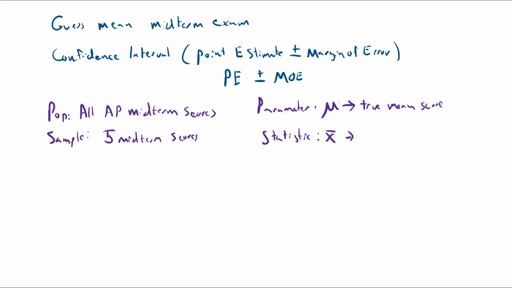So the mean from the 5 midterm scores, which, if we put that in parentheses, is our sample. That's our sample.